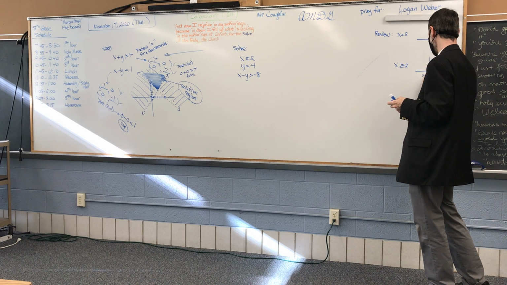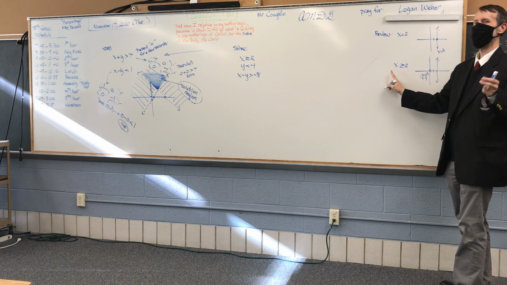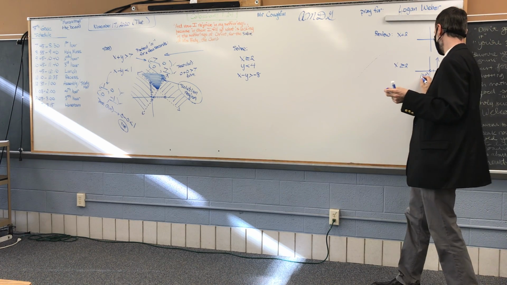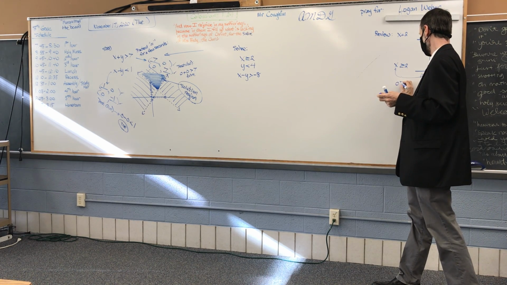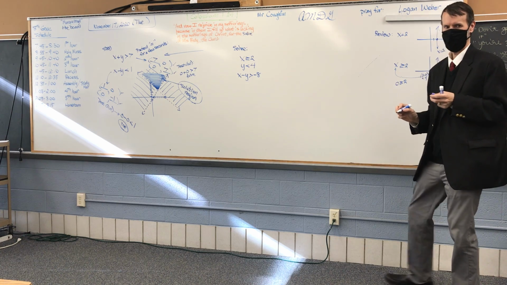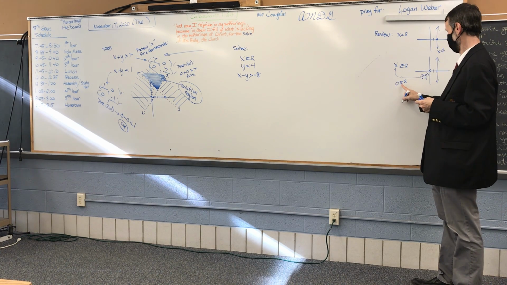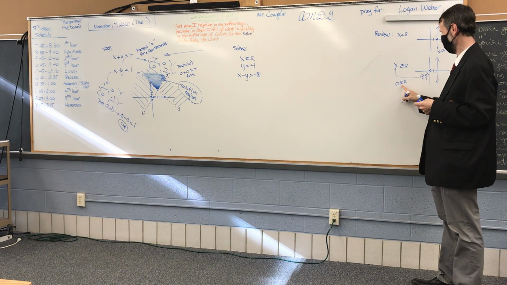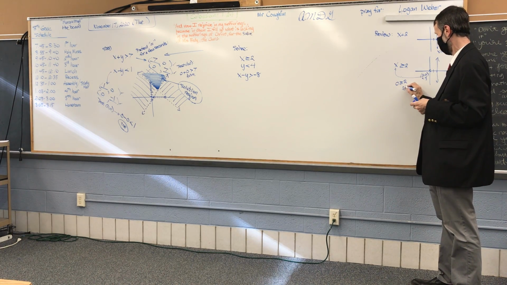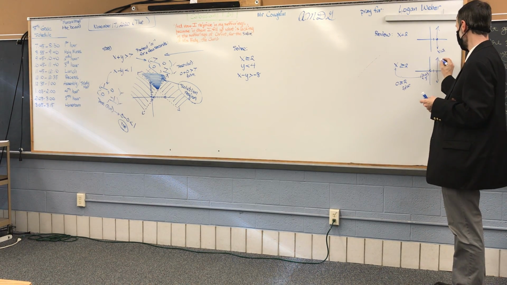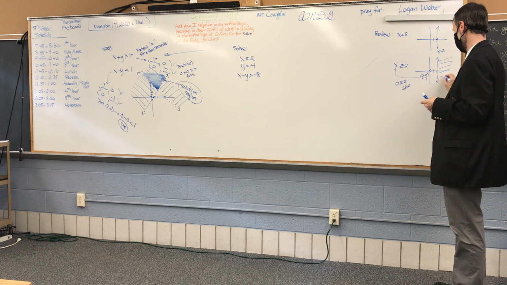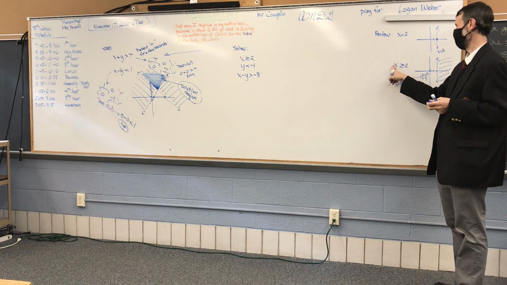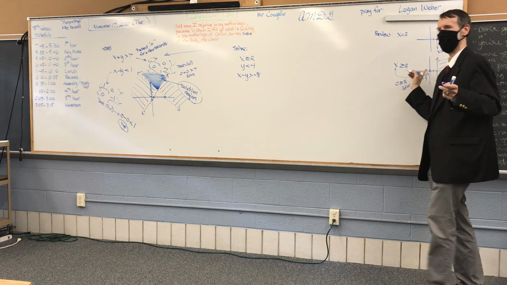Let's try 0, 0. This is x and this is y. You notice when you test the point, y isn't even used. Just plug in x is 0. 0 greater than or equal to 2. True or false? Sam. False. So the test point is false, so you shade away from it. And that was kind of our instinct, because x is greater than 2 suggests to the right anyway.